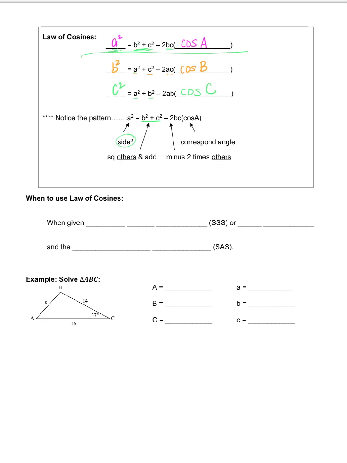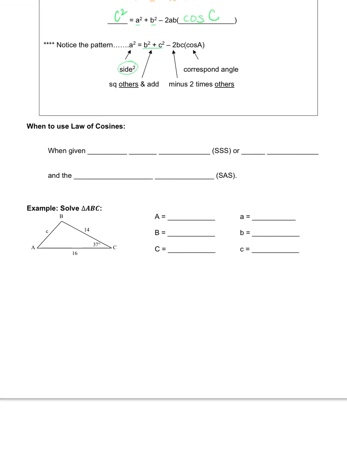So when do we use the law of cosines? We use the law of cosines when you're given all 3 sides, which is side, side, side, or an angle and the 2 other sides, which is side, angle, side, okay?